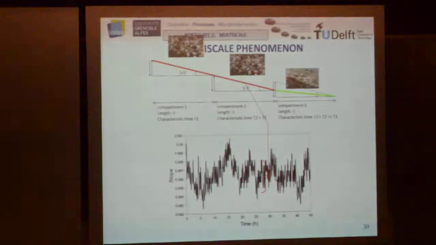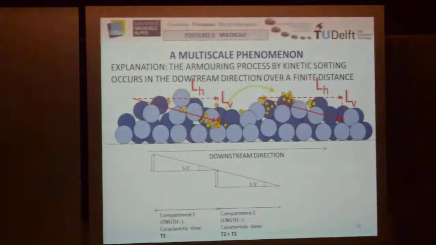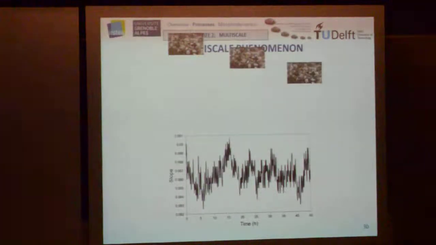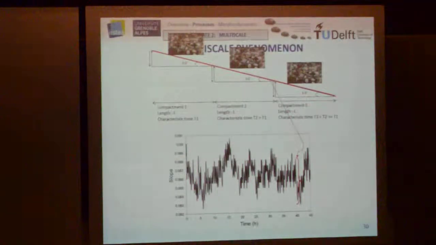When you have a larger part of the bed, you can have a different scale depending on which part of the bed is concerned by the armor destruction. And the larger erosion concerns the few moments where all the bed was covered by an armor.